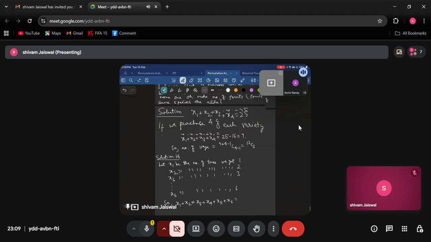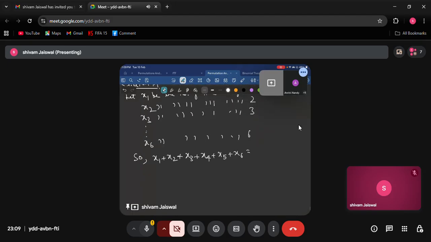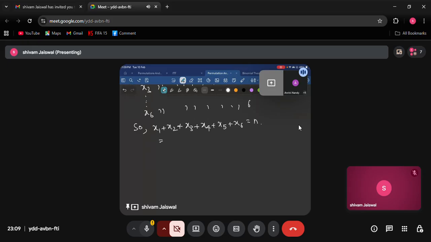So this will be equal to n. This implies the number of ways will be equal to n plus 6 minus 1, C, 6 minus 1, which is n plus 5, C5.